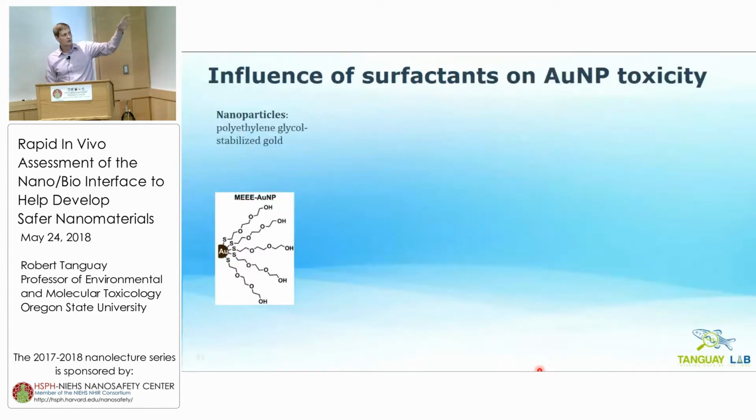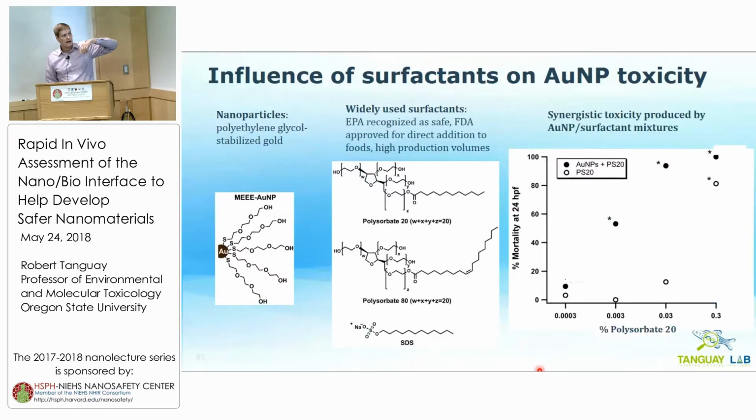So what we found was, this is what the functional group looks like, and we tested, and the paper describes this. We tested a number of other surfactants, and we see the same thing. And so this is kind of looking at synergistic effects. If you look at the concentration of Tween, the nanomaterials with Tween are in the dark circle.